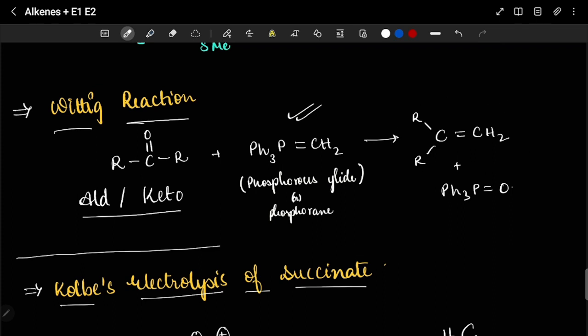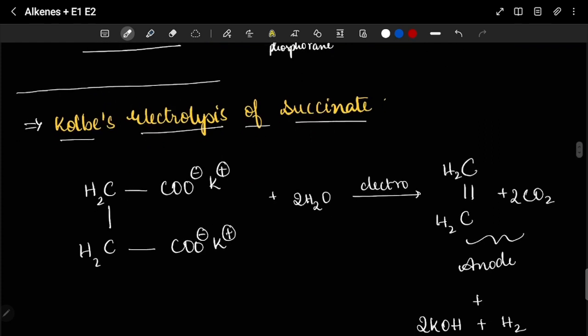You take a carbonyl compound and just replace the double bond O with CH2. That is nothing but the Wittig reaction. The mechanism is not important, just how this works. And then you can see the byproduct is phosphine with double bond O. These two are exchanged.